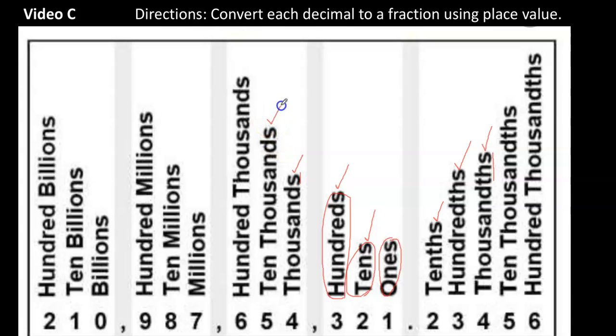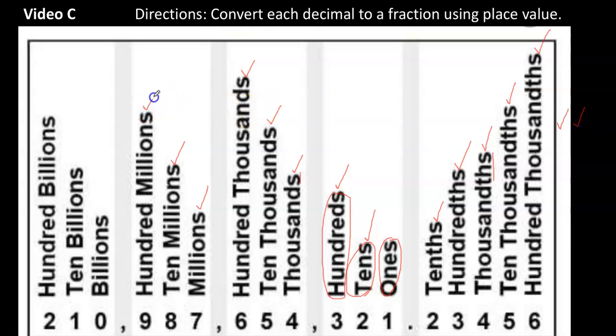We have 10,000s, 10,000ths. We have 100,000s, so we have 100,000ths. Over here we have millions, and over here you can imagine we would have millionths as the next place. If this is 10 millions, then over here we'd have 10 millionths.